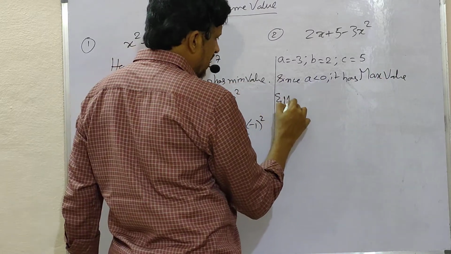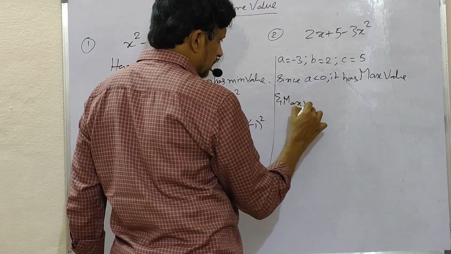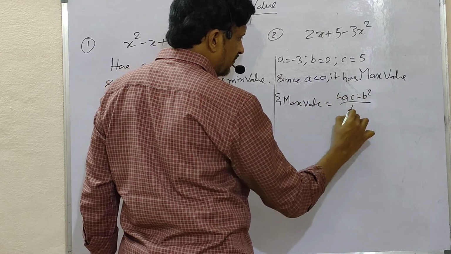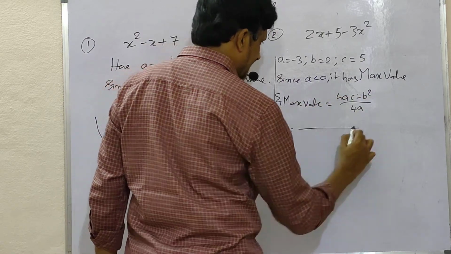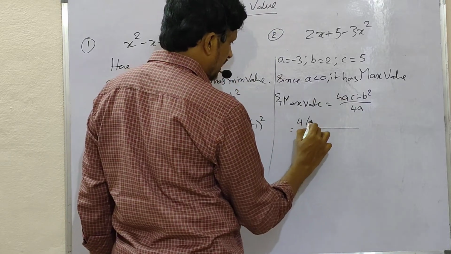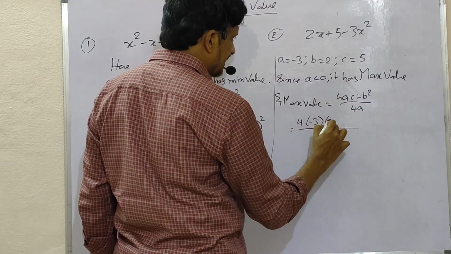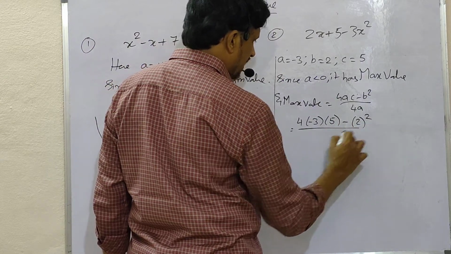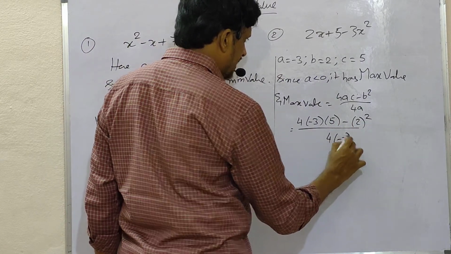That maximum value is equal to (4ac minus b square) by 4a. That is 4 into a, that is -3, into c, that is 5, minus b square, that is 2 square, by 4 into a, which is -3.